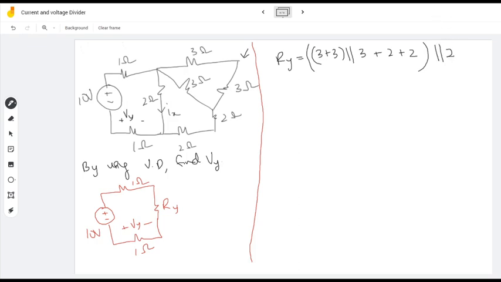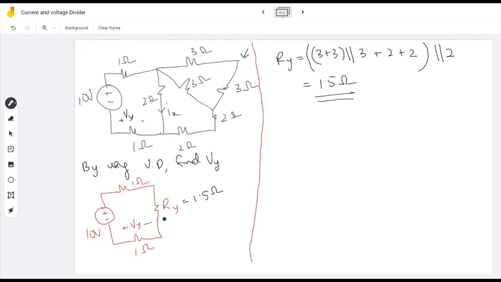After you plug into your calculator, you will also get 1.5 ohm as in the previous question. So now your Ry is 1.5 ohm.